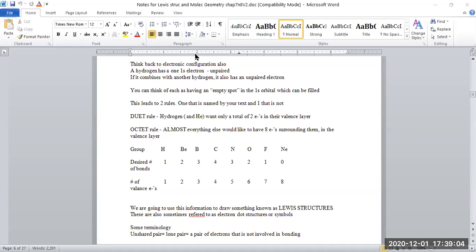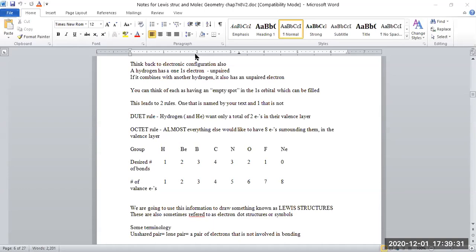This also gives you ideas about what the desired number of bonds is. Desired is sometimes broken, but this is usually what you're shooting for. So the first column, the alkali metals, they like to have 1 bond.